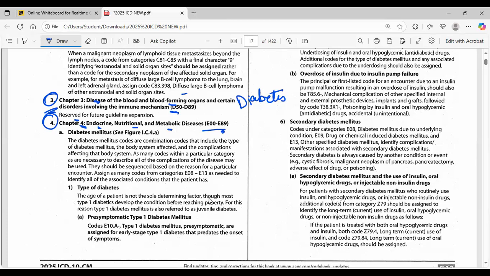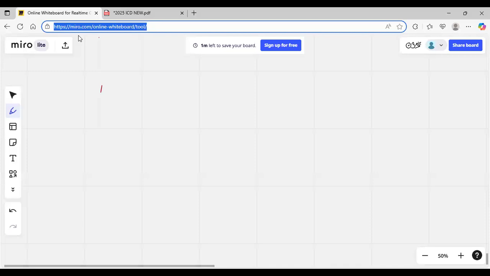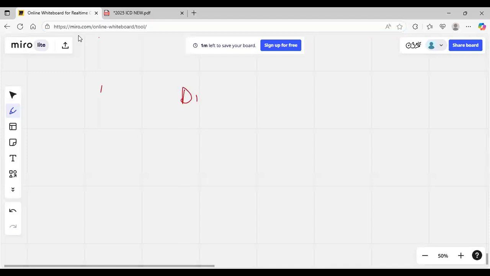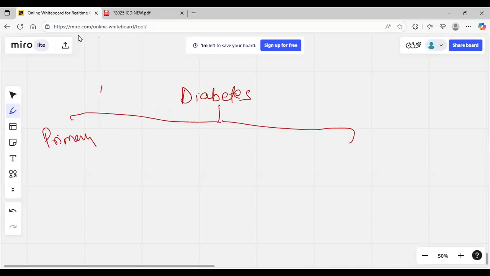Okay, let's start with the guidelines now. For diabetes, we have two types: primary diabetes and secondary diabetes.